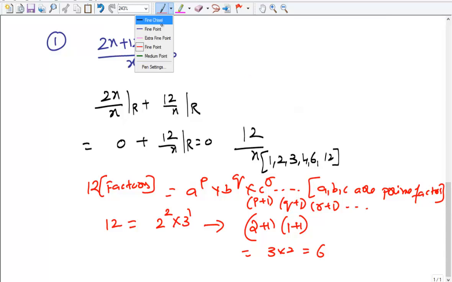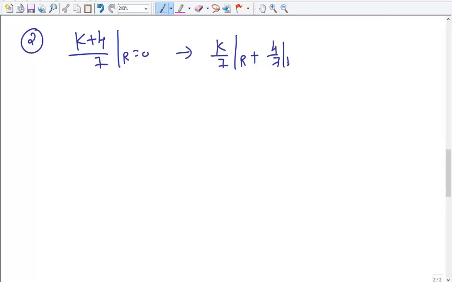So let's solve this question. If k plus 4 is divisible by 7 and the remainder is 0, we can easily say that k by 7 remainder depends on k, and 4 by 7 remainder we can easily find, that is 4. The total remainder for the whole thing is 0. In such a case, this must be 3.